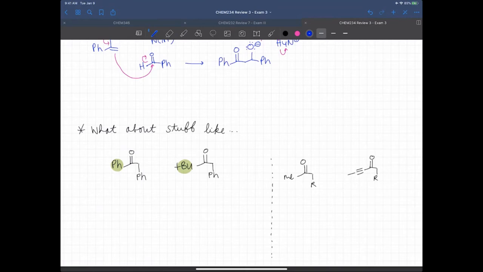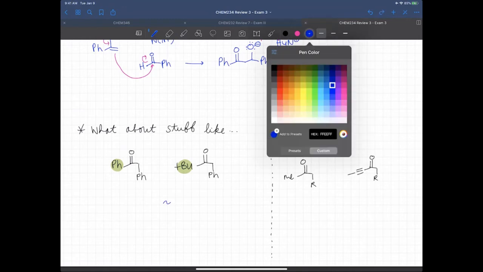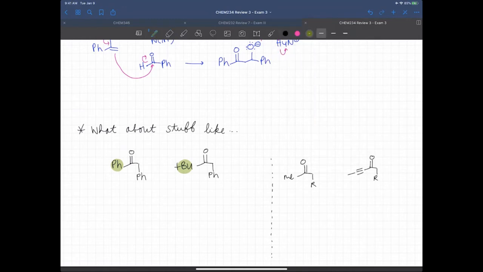Anything else, such as amines and NR2 of some sort, are also considered big. So big R groups generate what kind of enolates? A Z enolate, very good. And when you have a Z enolate generated, your final product is going to be syn, okay? You're going to see that in a little bit.